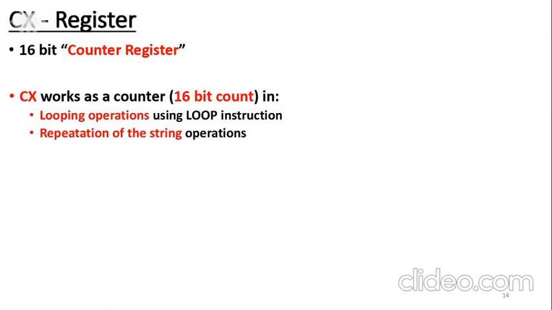Say for example CX is equal to 50, initially loaded before that particular loop is executed. So count is equal to 50, and that loop will get executed thereafter. All the instructions will get executed. At the end of that loop, there is a loop instruction. It is one of the instructions in case of 8086.